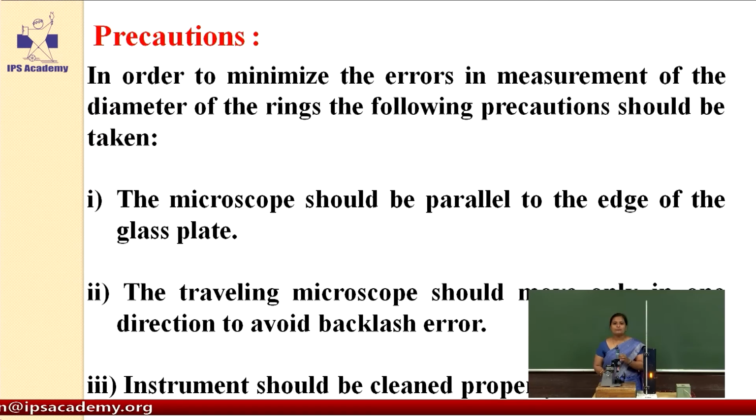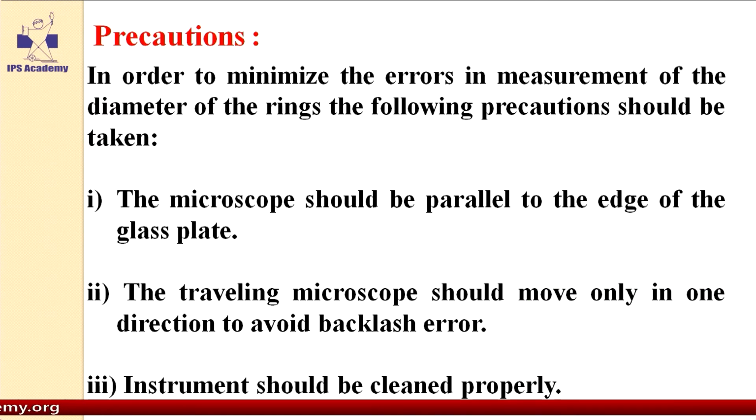It should be parallel. And the travelling microscope should be moved only in one direction to avoid the backlash error. So always remember, take all readings first on the left hand side, then all readings on the right hand side to avoid this error, and do this experiment carefully.